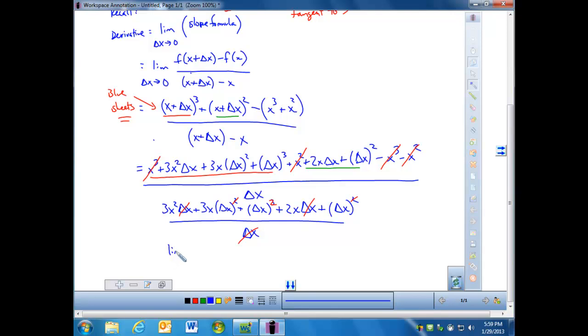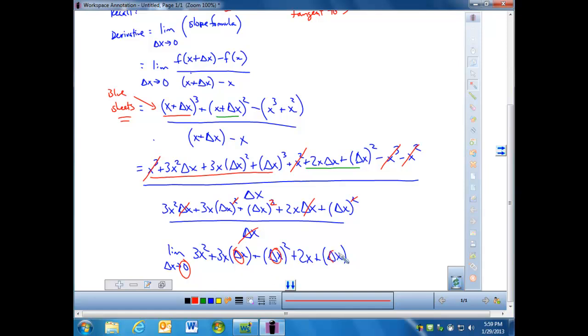Now that I've simplified this a little bit, I'm going to evaluate the limit as delta x approaches 0. Remember, that means every time I see a delta x term still in this problem, I'm going to plug 0 in for that. That eliminates much of what we see here. That second term becomes 0, that third term becomes 0, and that last term becomes 0.